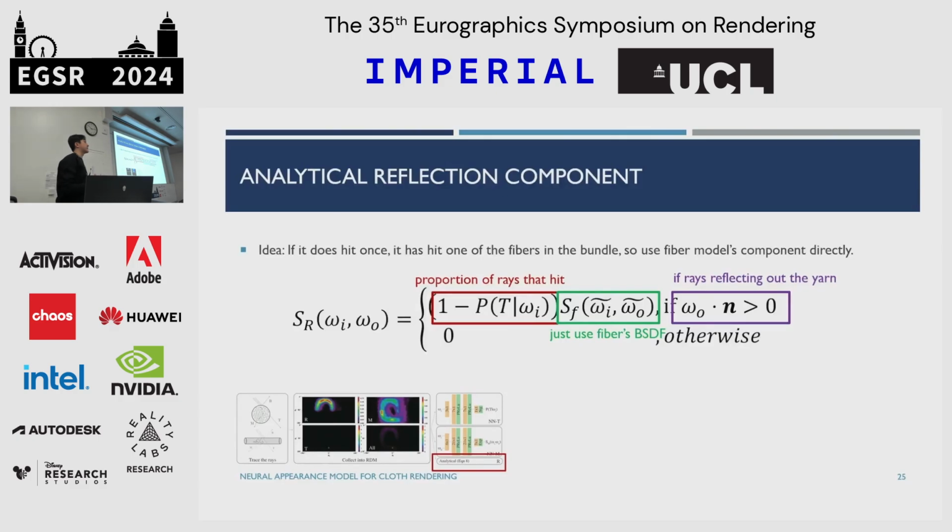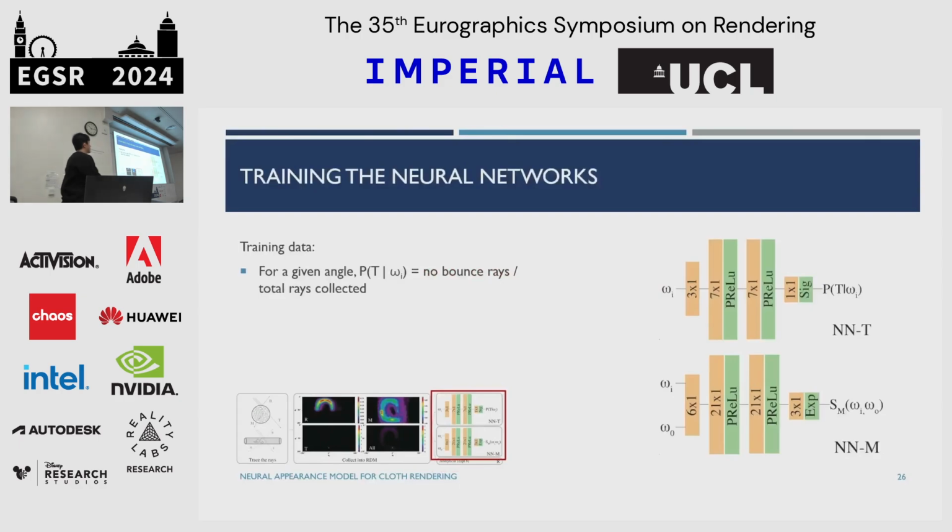This forms the idea that for a single bounce, the highlights are created by the inherent specular properties of the fiber-based material.